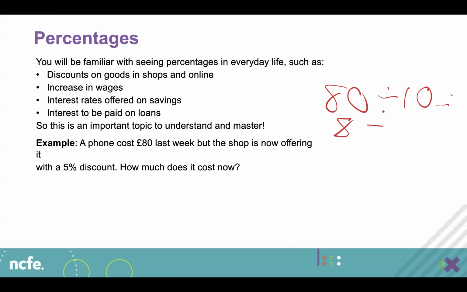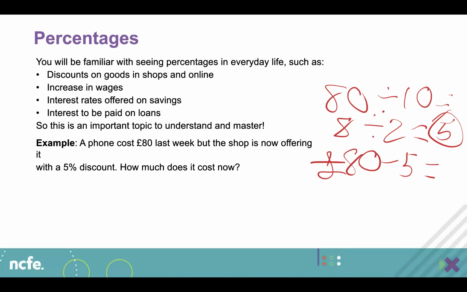And to find 5%, you half that. So that equals 5. So then to work out the decrease, all you do is 80 take away 5 equals, so the new price should be £75.